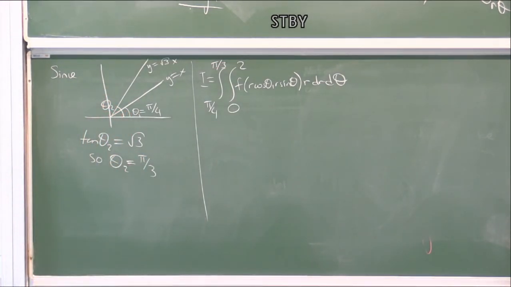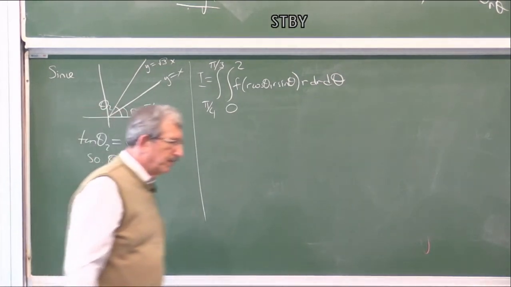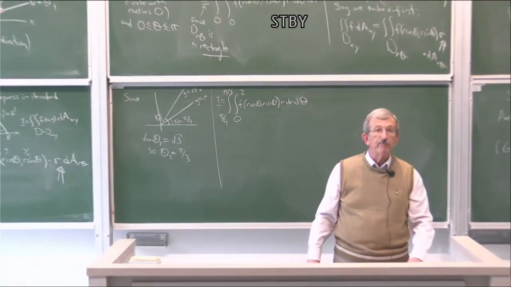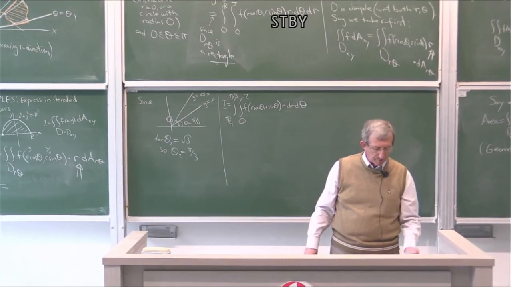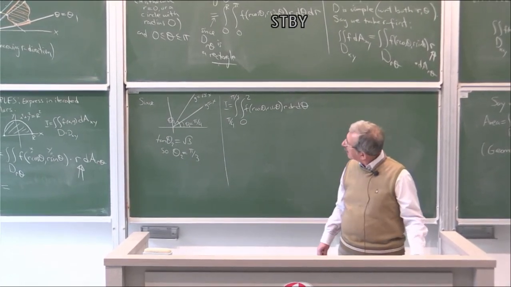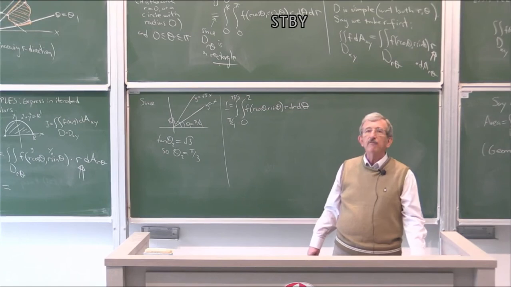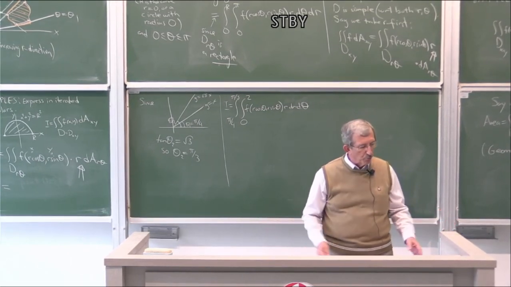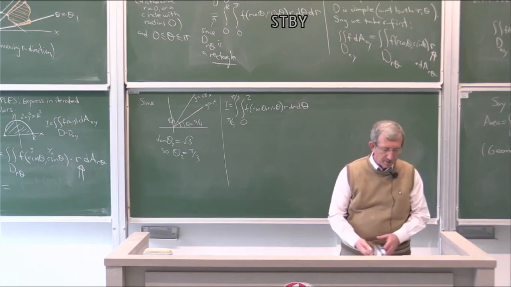The rest is usual calculation if we knew what f was. Now, because this is a rectangle in polars, of course, we can change the order just like that. We don't have to worry about it.